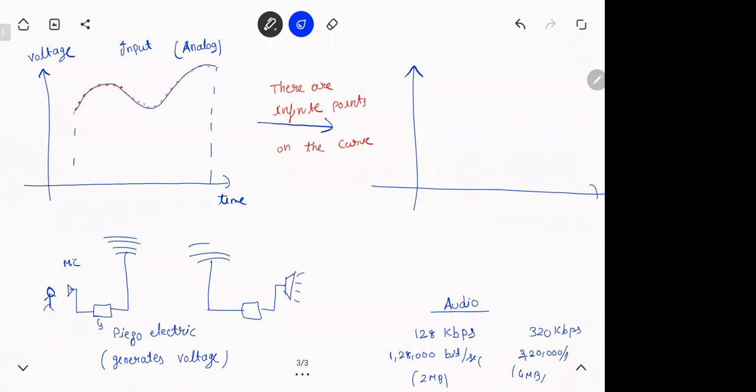So do you know what you're actually hearing? When you try to plot the output, this is what you're seeing actually.